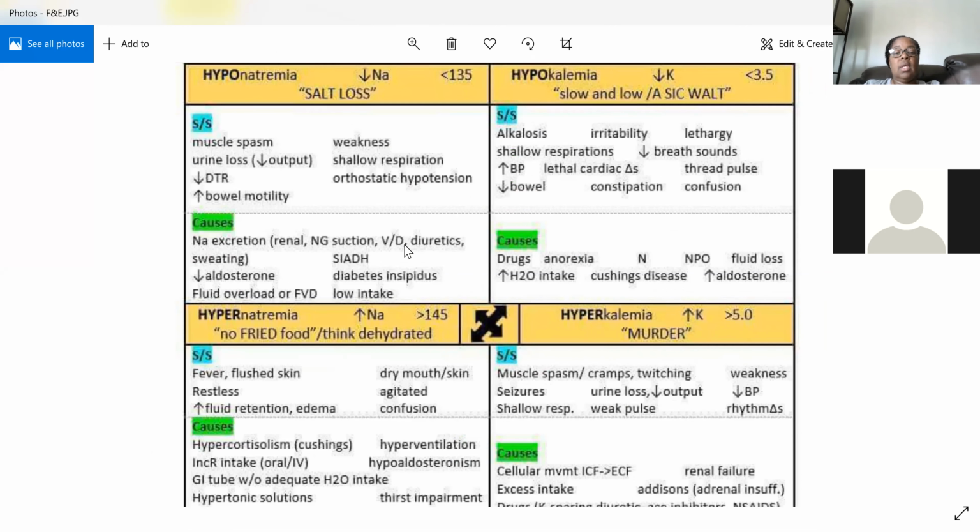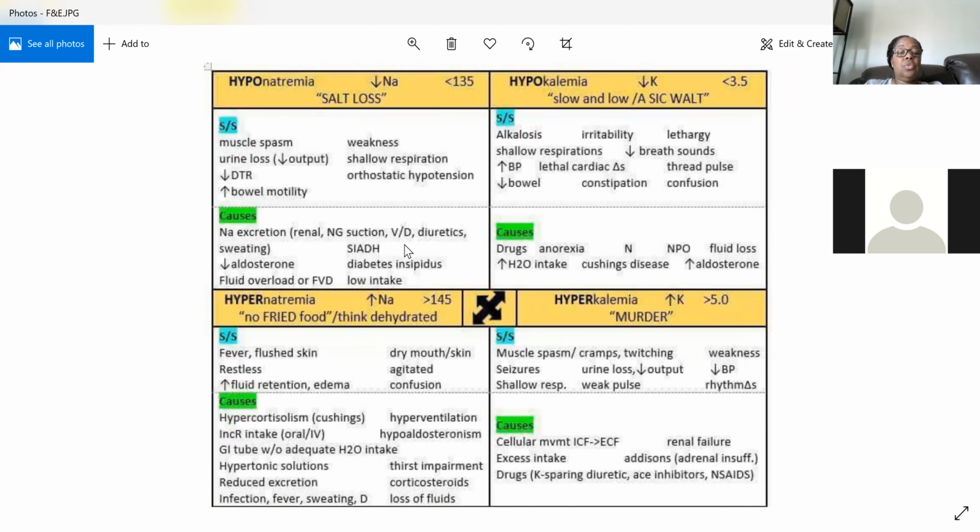So this is now dehydration. This also gives you the causes of hyponatremia and hypernatremia, and then you have hypokalemia and hyperkalemia. So these are all the things that we've already talked about.